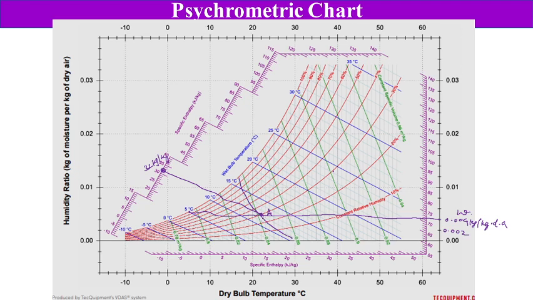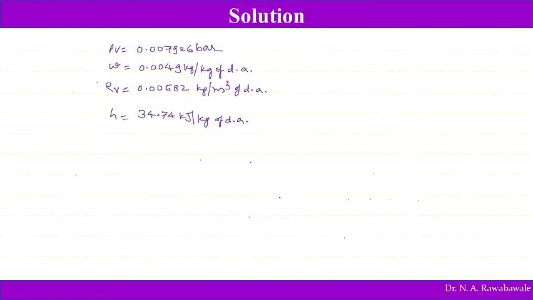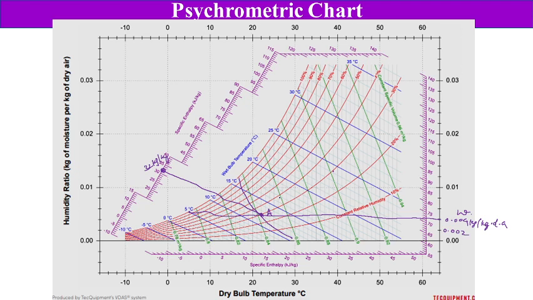Have we obtained specific volume? No, specific volume is not calculated. No problem. Here specific volume can be obtained corresponding to this point, and it is 0.84 meter cube per kg.